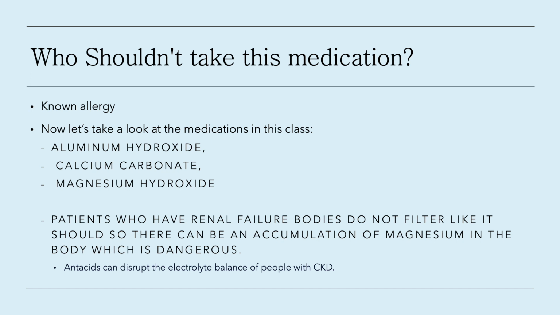The biggest takeaway is that when a drug is being filtered out and your kidneys are not working properly, your body will hold on to that drug longer than it should. So with some medications, you need to look at the patient's BUN and their creatinine levels.